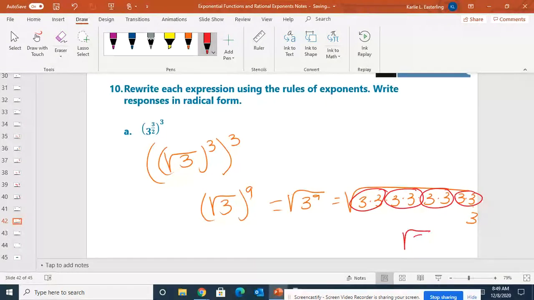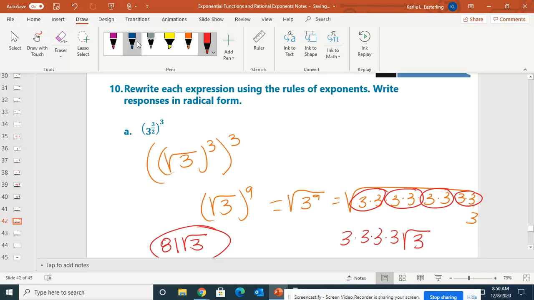So we'll be left with the square root of 3, but 3 times 3 times 3. So 3 to the 4th, pretty much. So 3 times 3 times 3 times 3 gives you 81. So we're looking at 81 square root of 3 as the final answer there. So pretty much what you're having to do is just manipulate these equations to where you can get your answer.